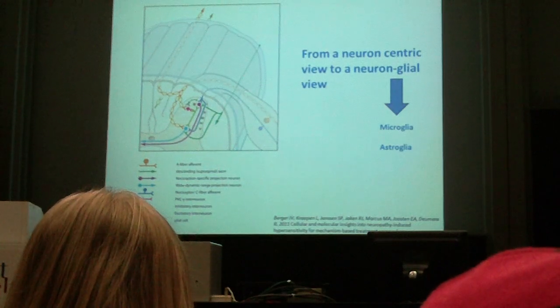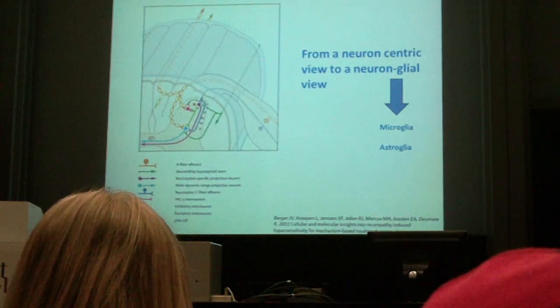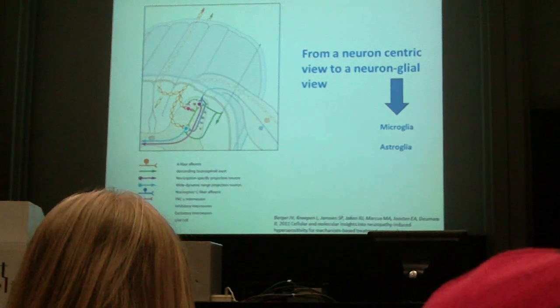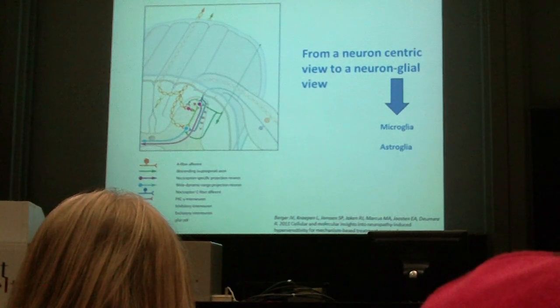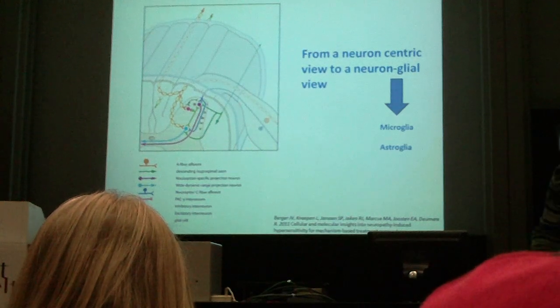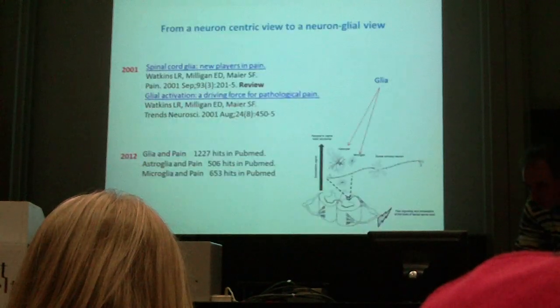I showed you the interaction of the GABAergic cells modulating, let's say, presynaptically the release of the thick fibers as well as from the thin fibers. But in between here, very small, the glial cell. And this glial cell becomes more and more important in the whole process of pain generation.